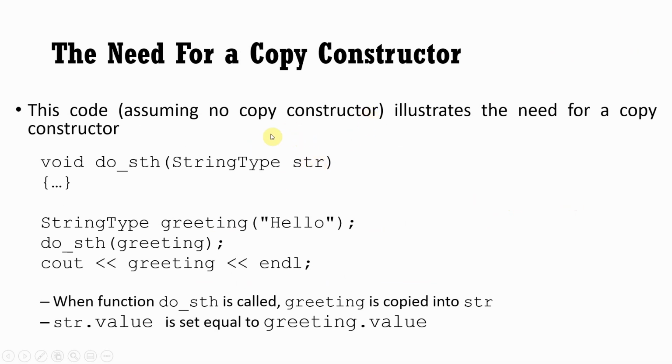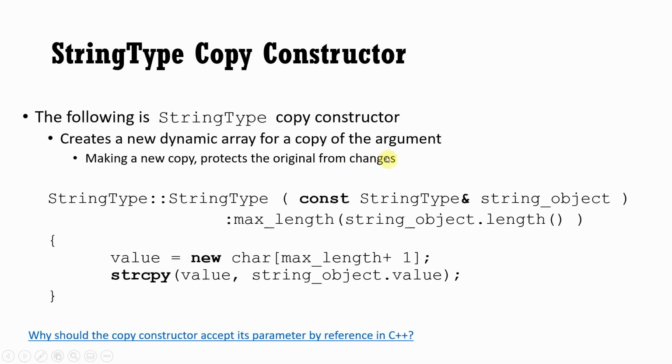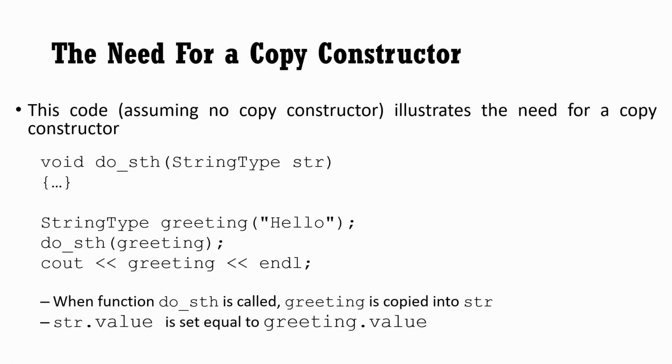If we don't write this copy constructor, the compiler is going to create one for us. So let's assume that we forgot to write our own copy constructor, and we're just going to rely on the copy constructor that the compiler generates for us.